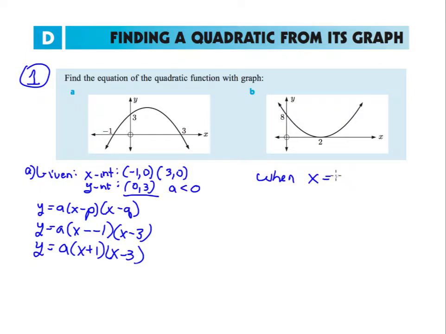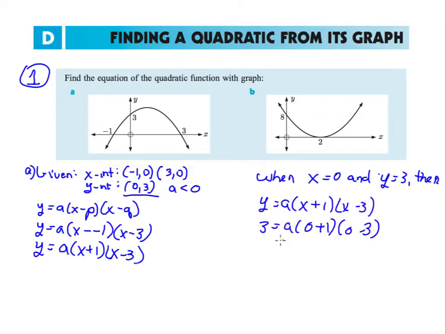So I'm going to say when x equals 0 and y equals 3, I'm going to put that in my equation, substituting 3 in place of the y and 0 in place of the x, simplifying down and solving this equation for a. Now notice from my other information, a should be negative. I'll check and make sure I get a negative value. So a is -1. Check.